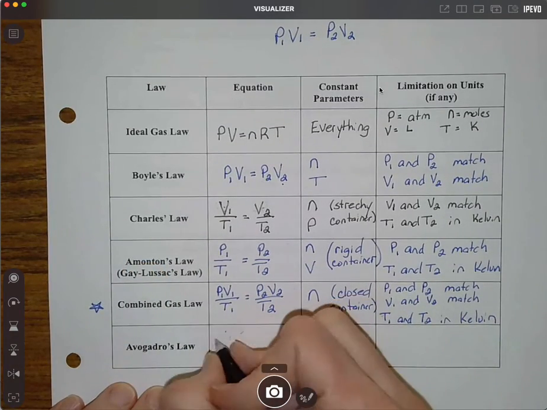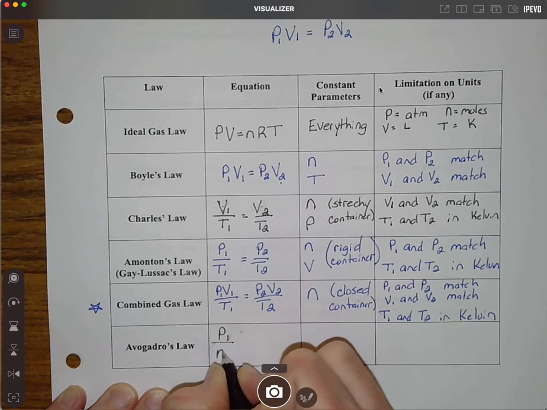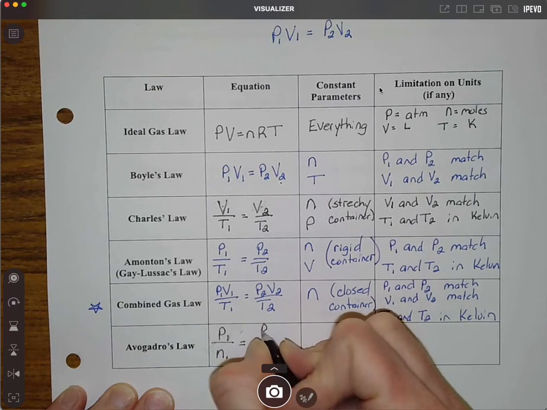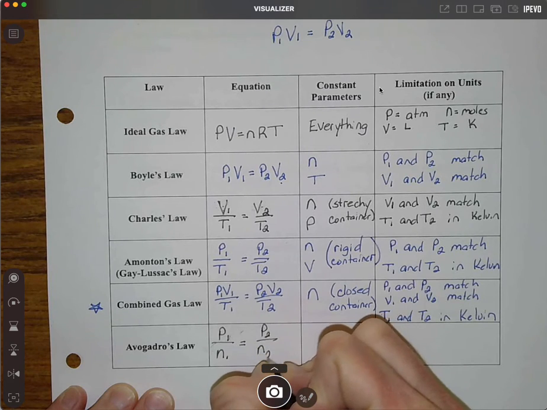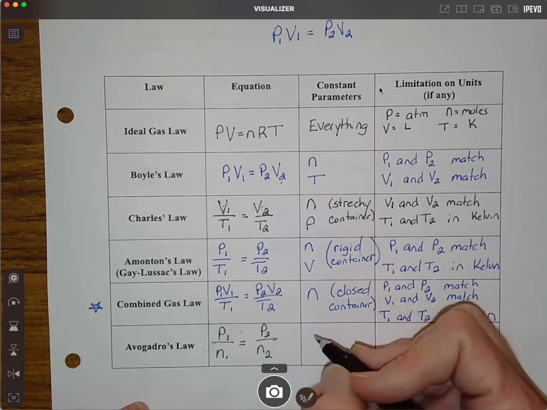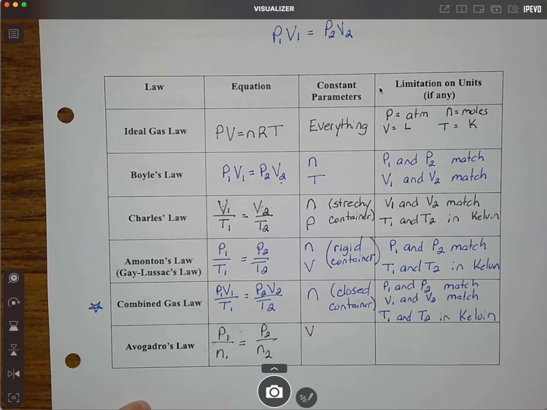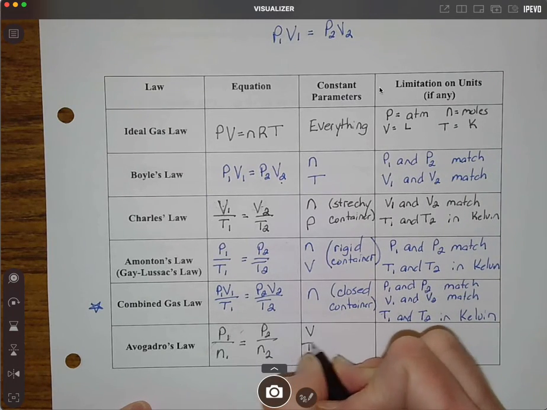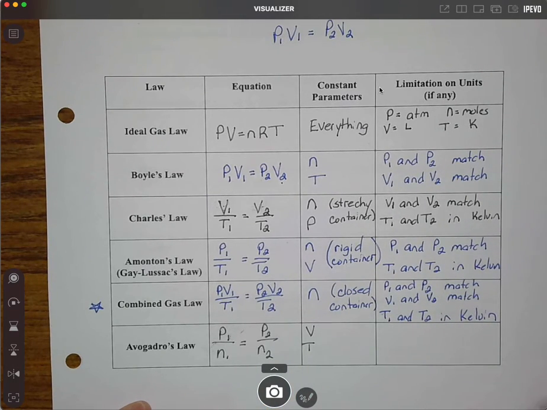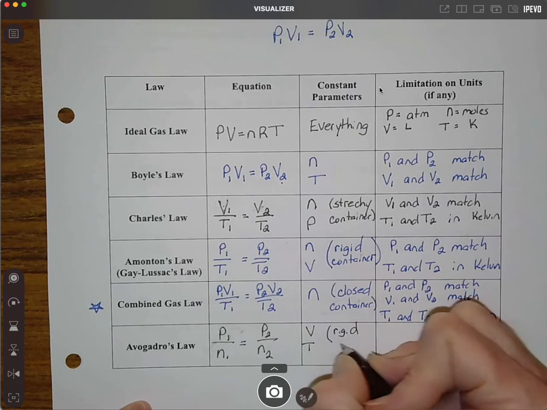So pressure, P1 over n1 equals P2 over n2. And this is the one that accounts for why the pressure goes up when you put more particles in the container. So our constants here have to be, V has to be constant, and T has to be constant. In order for the V to be constant, this is your rigid container.